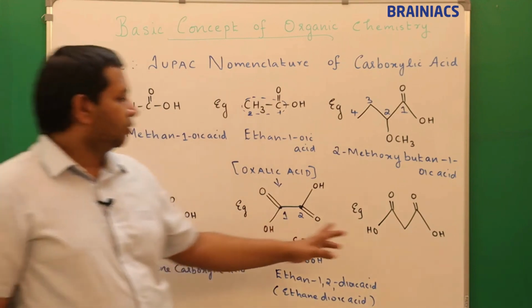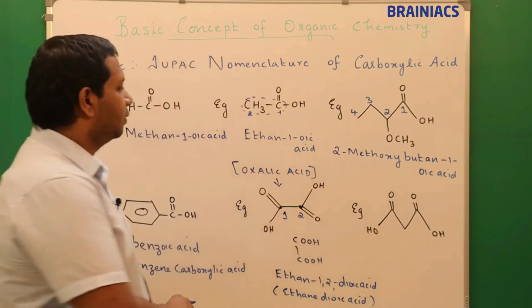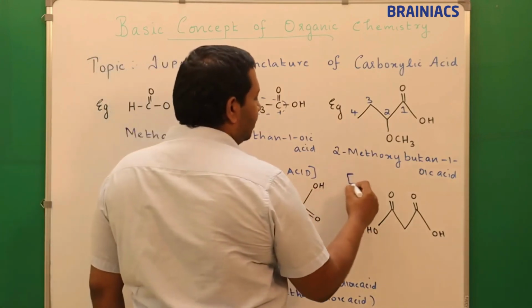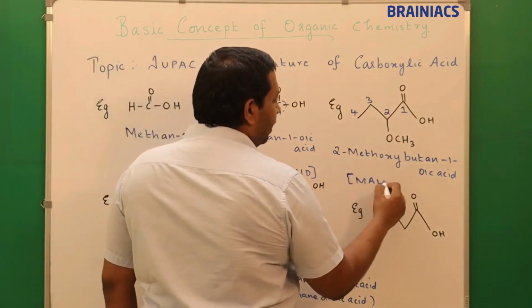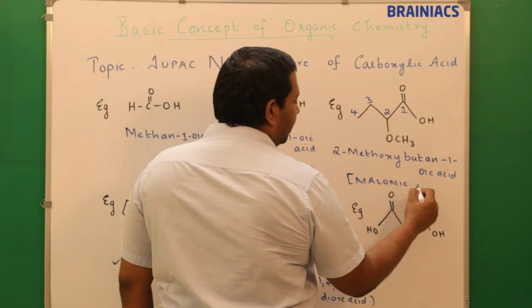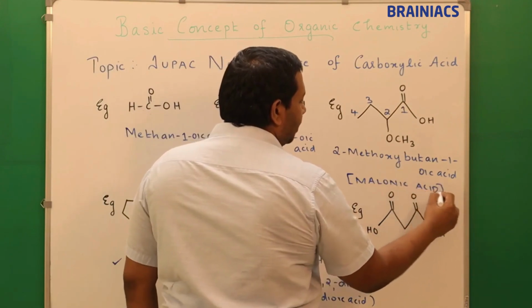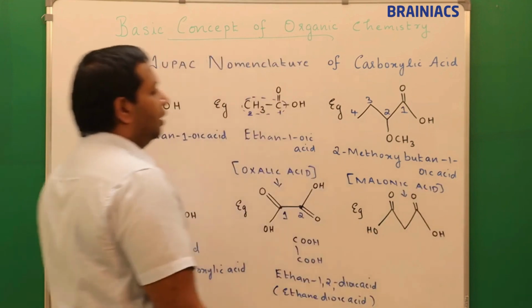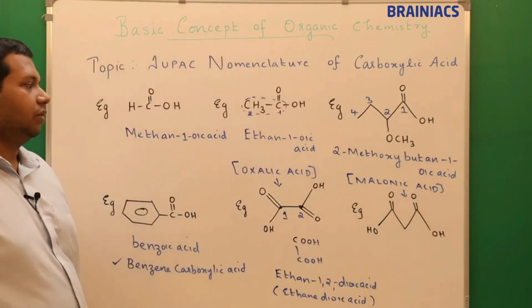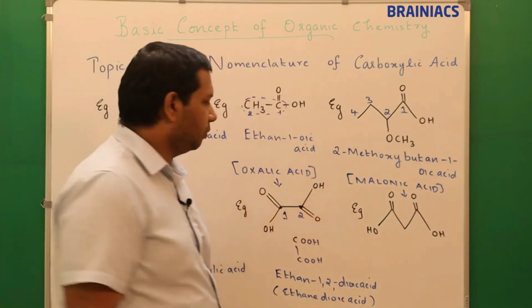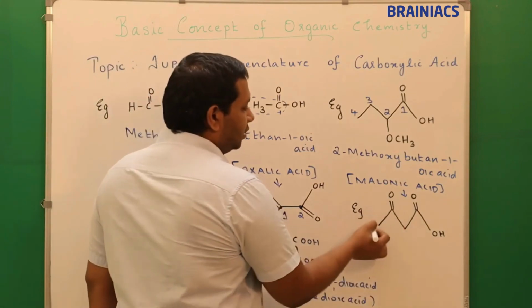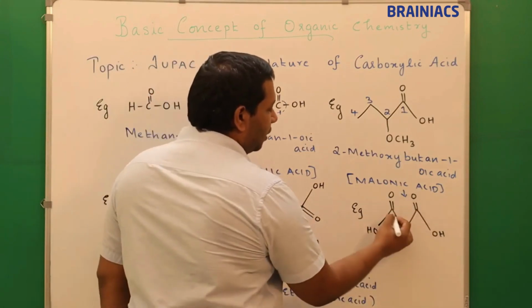Okay, now comes the third one, and this is also a famous acid. Its common name is malonic acid. Please remember, sometimes they will ask. Malonic acid is a common name. So how will you name this compound? Here also COOH, here also COOH, and 3 carbon atoms are there.